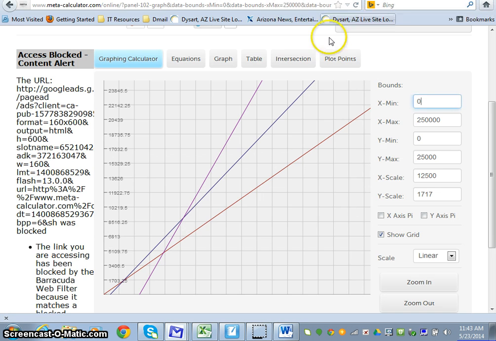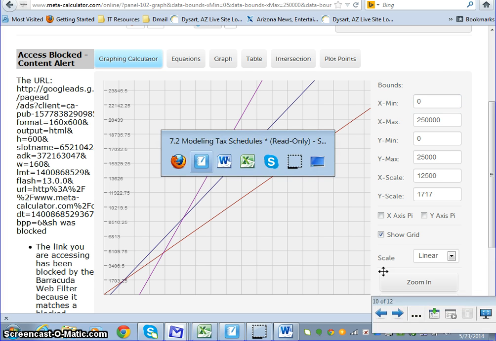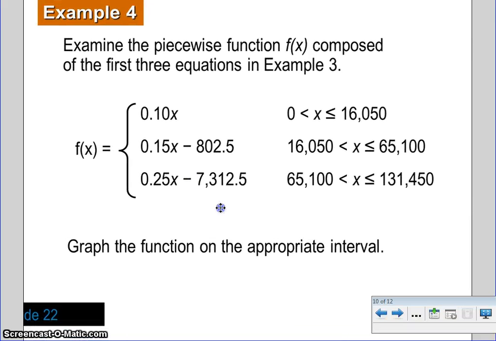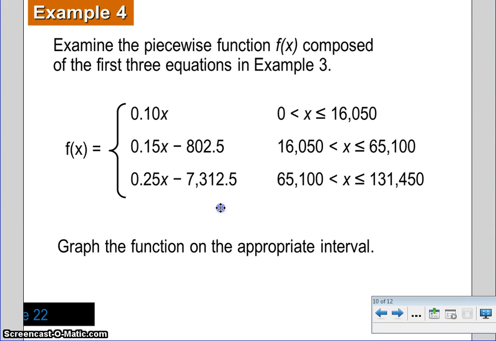Give me a second. So we've got our 3 equations here. Let me go back and we'll write them down so you know what you're plugging in, and then we'll come back to the actual graph. The first one, y1, simply equals 0.10x. y2 equals 0.15x minus 802.50.